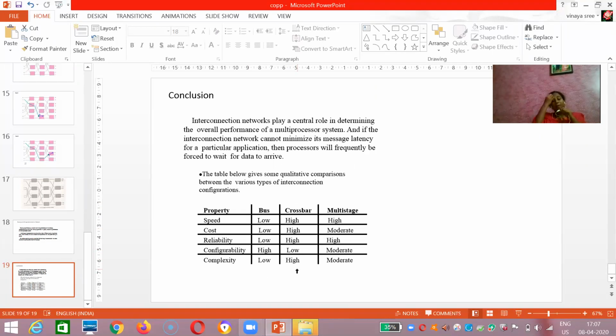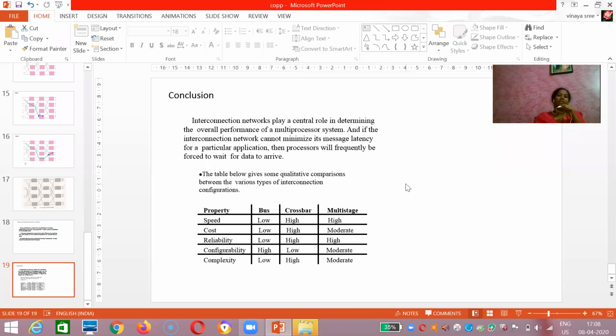In a multi-stage network, overall, the multi-stage switching network is a good one for high speed. Cost is moderate, reliability is high, and complexity is also moderate. Okay, this completes your interconnection structure.